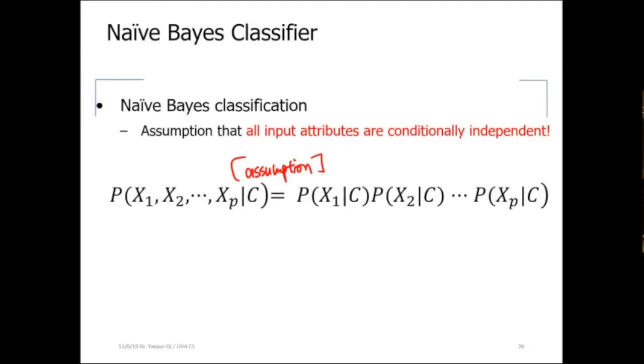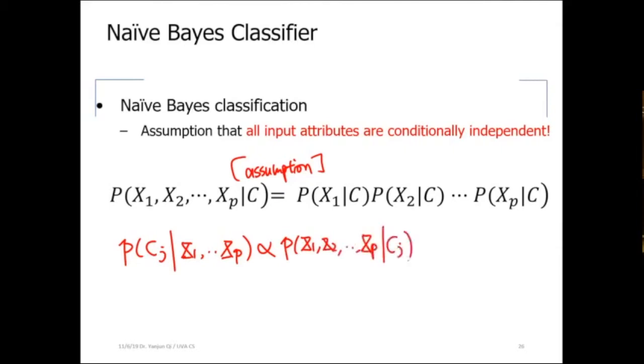Before, to compute P(cj | x1 to xp), which is my classification rule, I needed P(x1, x2, ..., xp | cj) times P(cj).